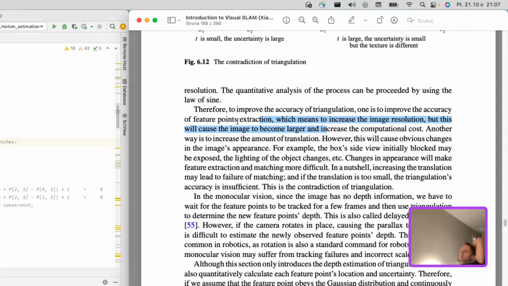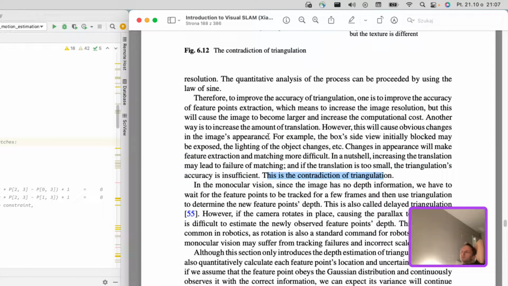So we increase image resolution. Another way is to increase the amount of translation. Exactly. So this will look different, and then feature extraction and matching will look harder. And since the image has no depth information, we have to wait for features to be tracked for a few frames.